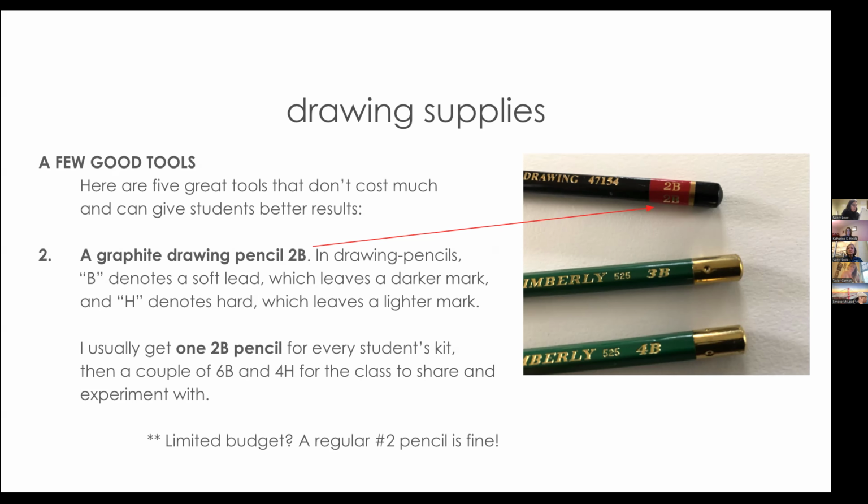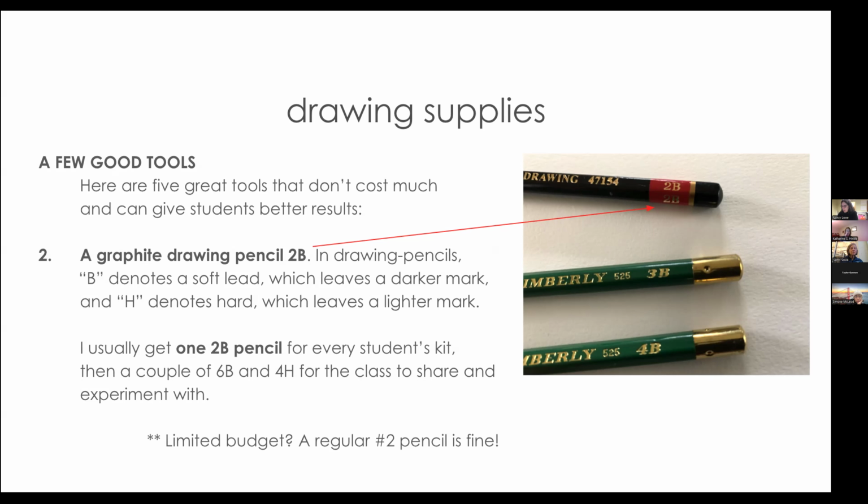And then on the other end is something like an H pencil, like this one is a 4H. And it's really light. I use this for things like the fluff on a dandelion, or stamens on a flower, or something like that.